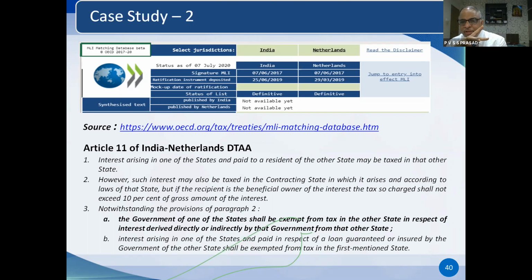So because you have intentionally restructured the loan and sold it to a Netherlands company to avail this benefit, the question is whether this would be undone by the principal purpose test of the India-Netherlands tax treaty, because the principal purpose test is a minimum standard, as I mentioned to you. That is the issue. Definitely, that can come under the scanner of the principal purpose test, which is almost like your GAAR. It would get applied, and accordingly, the benefit might be denied. That is what we need to understand on the basis of the MLI.